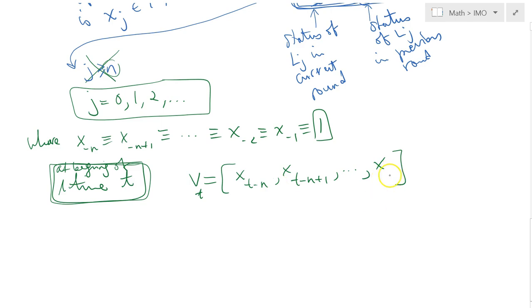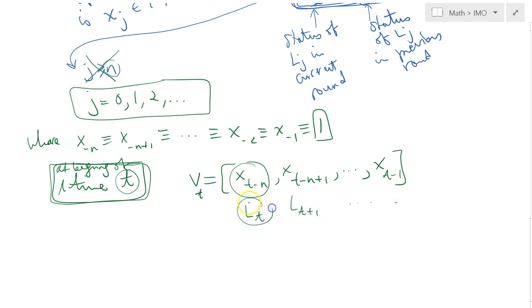Okay, so what is this representing? This is representing the status of the lamps at any given time, right? Because this is the beginning of time t, this would be the status of lamp t, right? So does that make sense? And so on, you have the status of the other lamps as well.